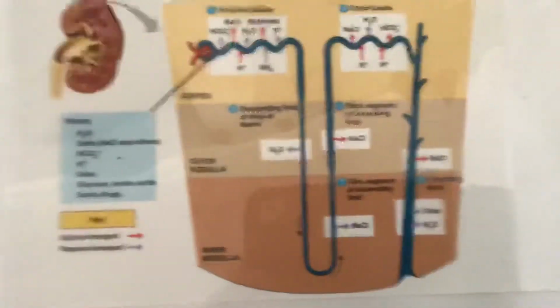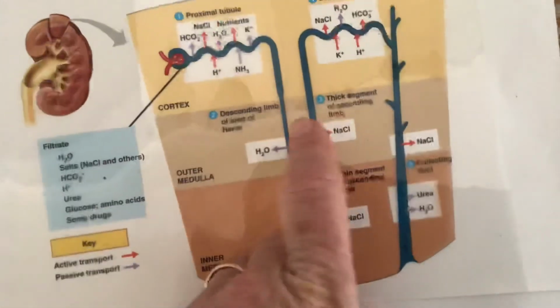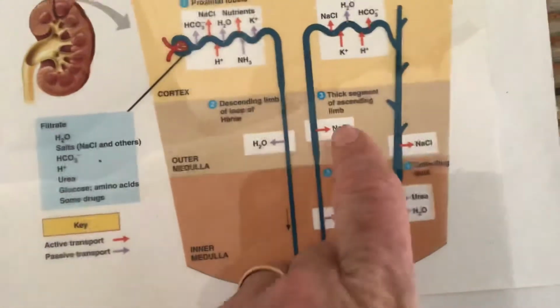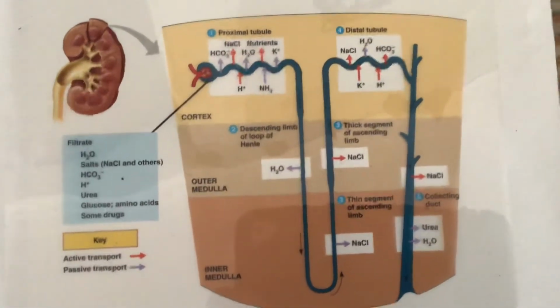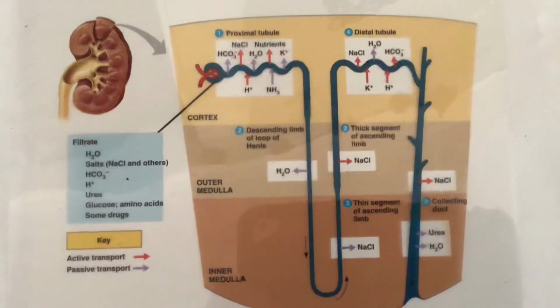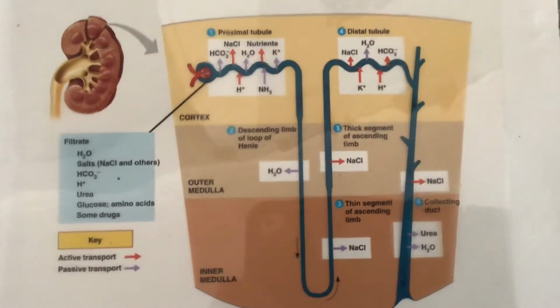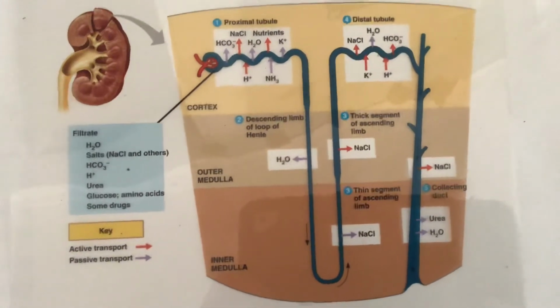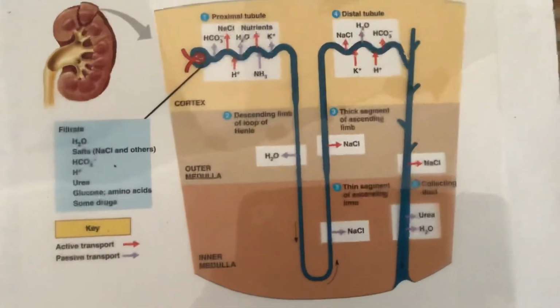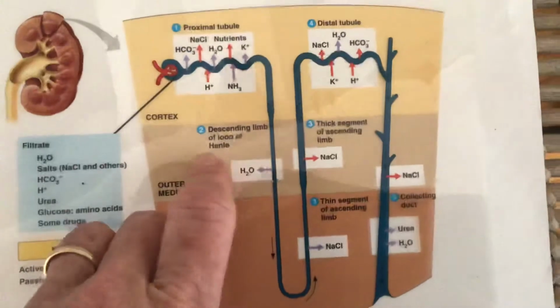Part of that has to do with the fact that over here in this next couple of parts, we are actively transporting out some salt. So there will be salt in the interstitial fluid, making it hyperosmotic, and that means that water is going to tend to want to move into there. So this is one of the ways that the water is reclaimed by the kidney.